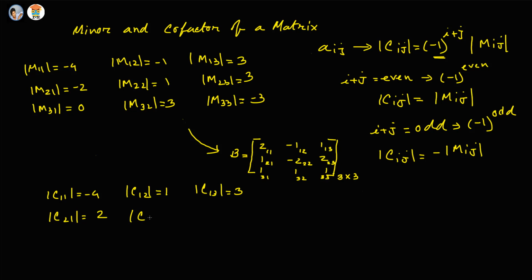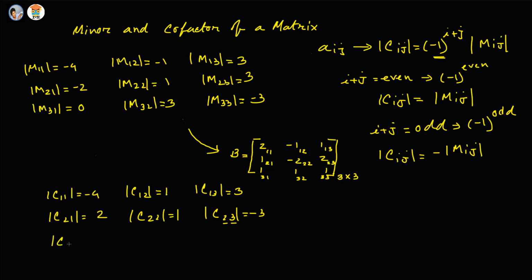C22 will be equal to 1, because 2 plus 2 is 4, which is an even number, so cofactor and minor are equal. For C23, if you add 2 with 3, you get 5, which is an odd number, and as minor is 3, cofactor will be -3.